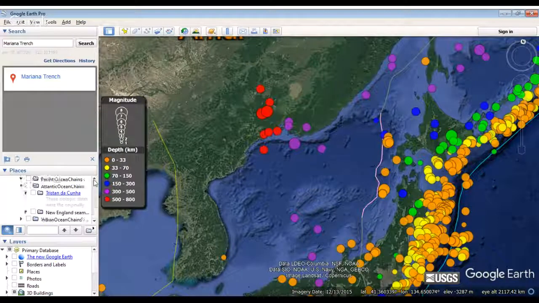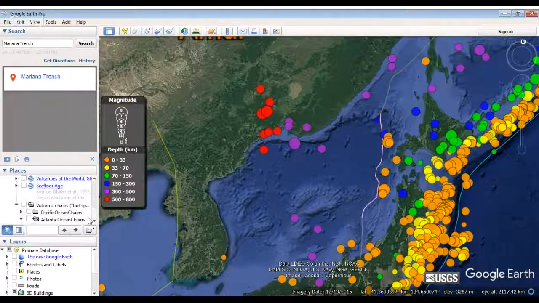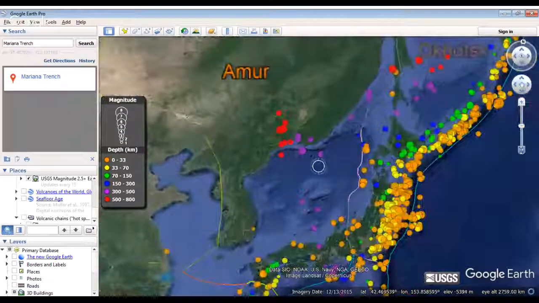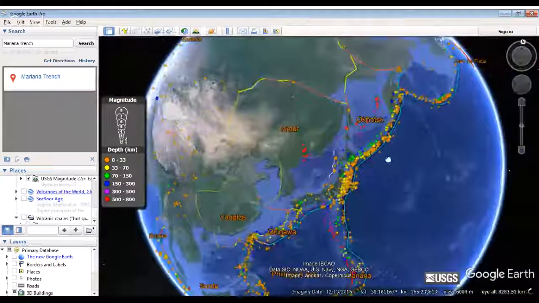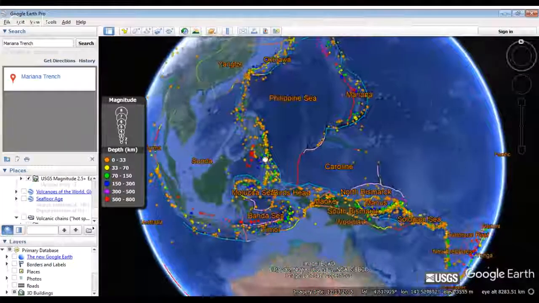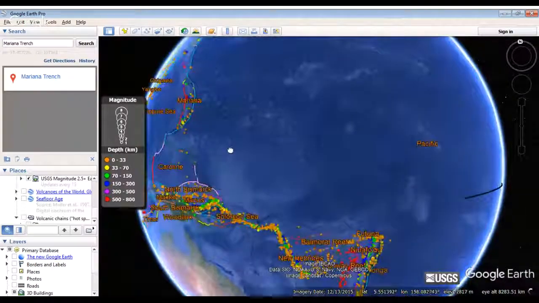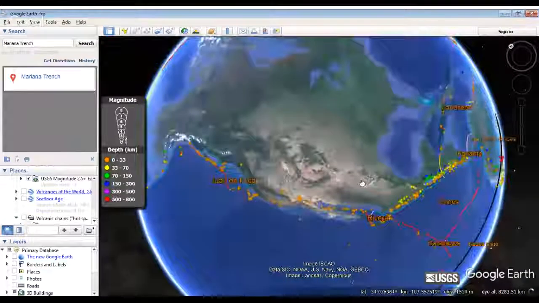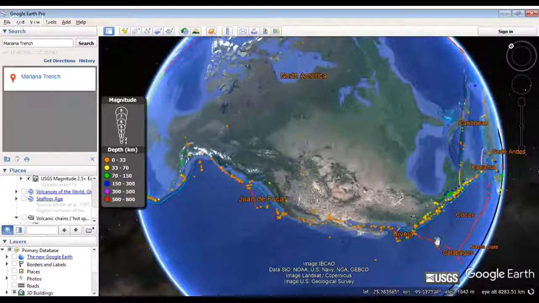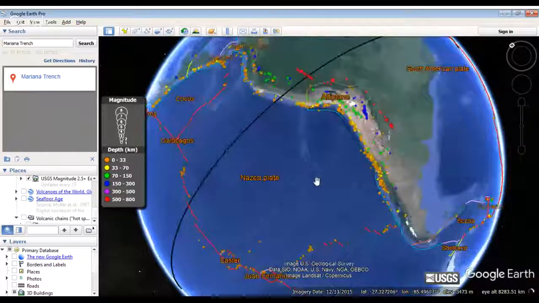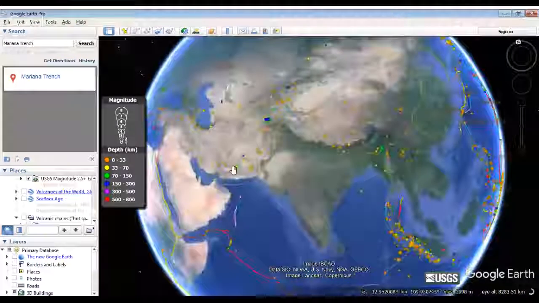Okay. So. These, yeah, so these are the plate boundaries. These different, oops, too far.